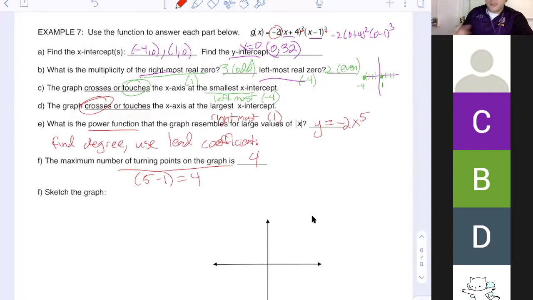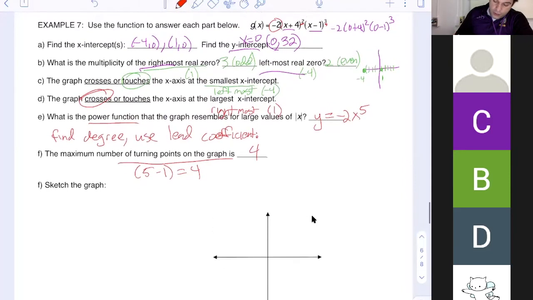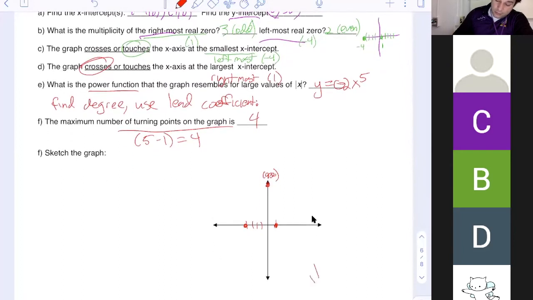But let's get a sketch and let's compare it to Desmos. Oh, I'm running out of time. All right, so (-4, 0), (1, 0), (0, 32). It's negative, which means it's going down from left to right.